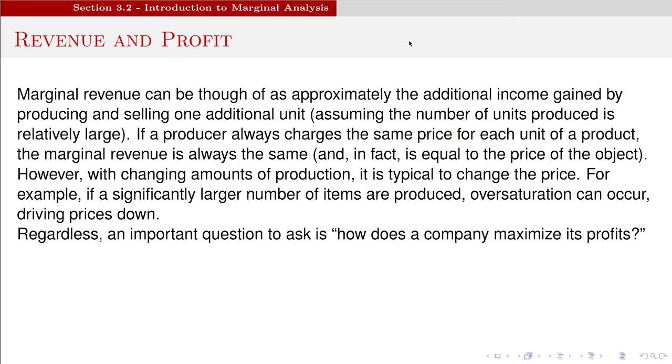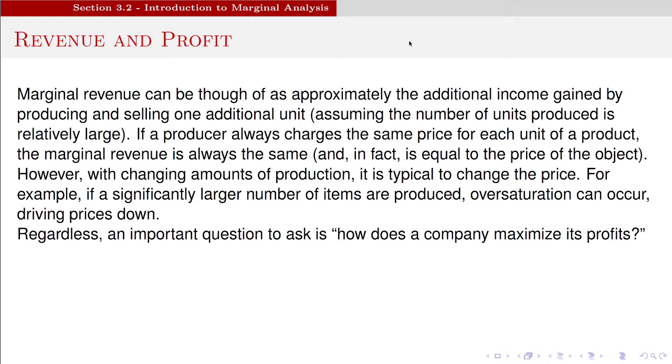An important question to ask is, how do you maximize profits? We're not necessarily focused on increasing revenue. Increasing revenue is great, but if we're also increasing costs massively, then that's kind of a bad thing. If costs increase by a lot, increasing your revenue is pretty meaningless.